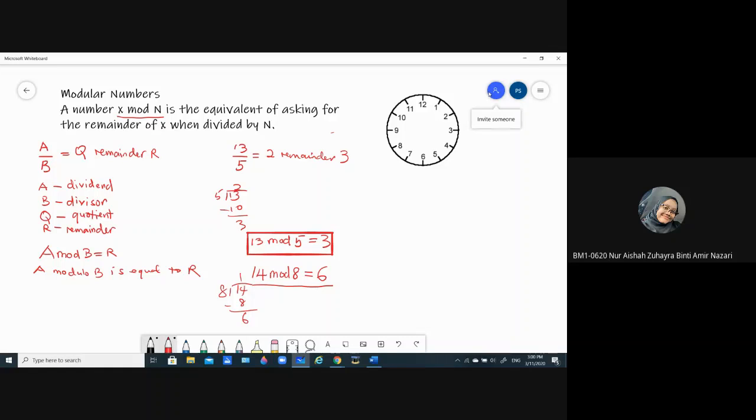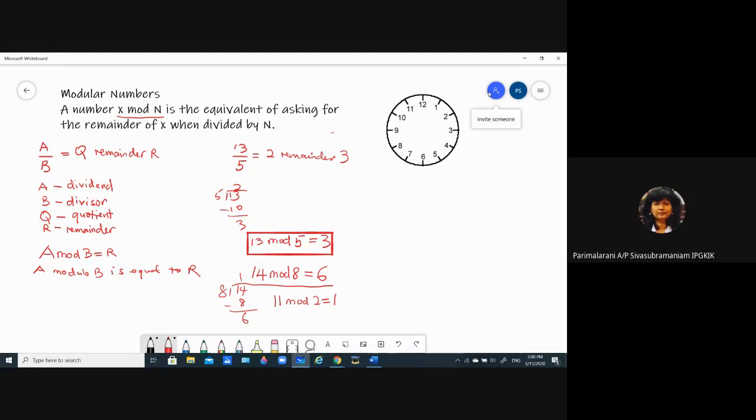Yes? Okay, 11 mod 2. Give me the answer quickly. 1.